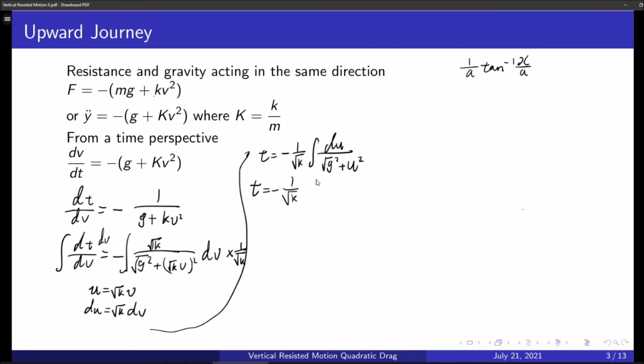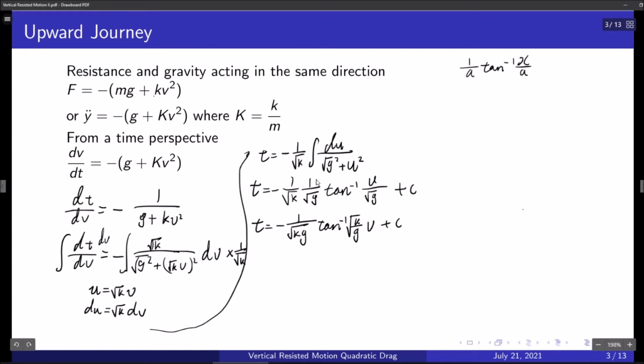So it's times 1 over square root of g, tan inverse of u over square root of g, plus c. So t equals negative 1 over square root of kg tan inverse. Obviously, u equals square root of k times v, so it's square root of k over g times v, plus c.